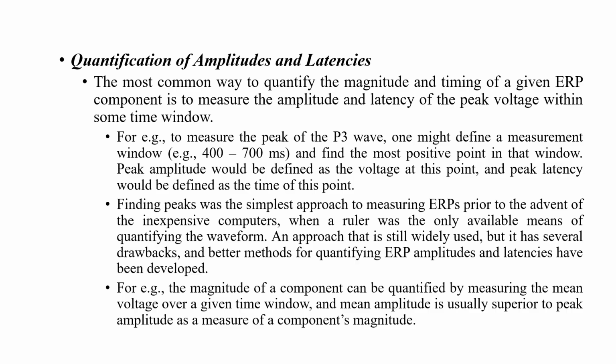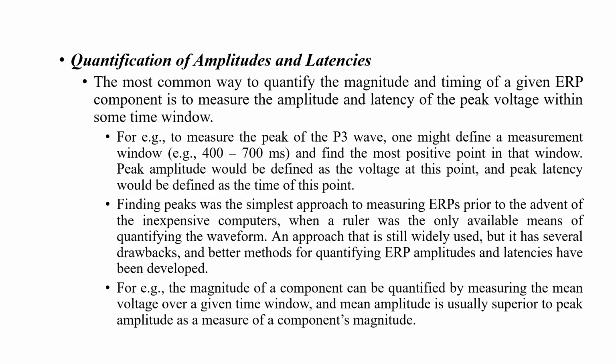For example, to measure the peak of the P3 wave, one might define a measurement window, let us say between 400 to 700 milliseconds or a little bit earlier, and find the most positive point in that window. Peak amplitude would be defined as the voltage at this most positive point, and peak latency would be defined as the time of this point. So, as the wave is rising, the peak amplitude will be taken as the main amplitude, and the time at which this peak amplitude is reached is known as the peak latency.